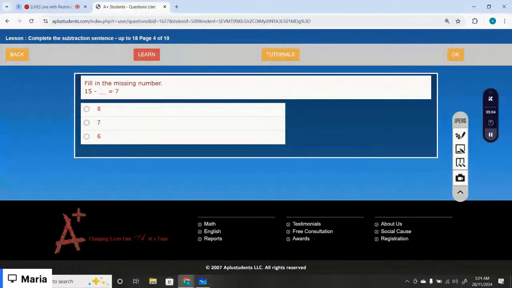Fill in the missing number. 15 take away missing number equals 7. So which number is missing?